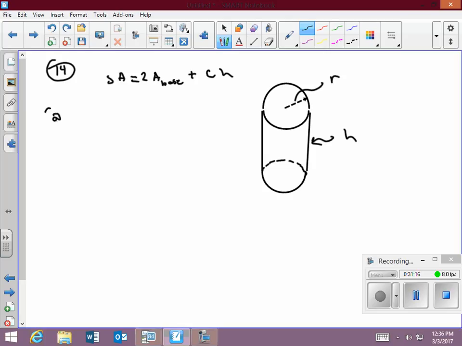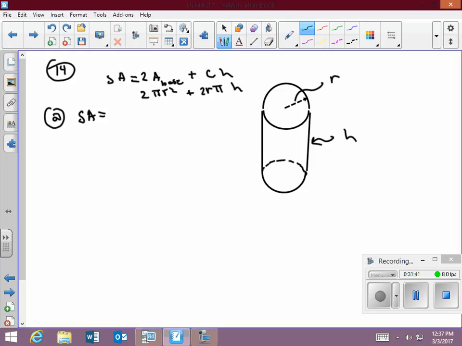So A, surface area, and the area of the base is pi r squared, right? And the circumference, if you know the radius, is the diameter times pi, so that's 2 times the radius times pi times h.